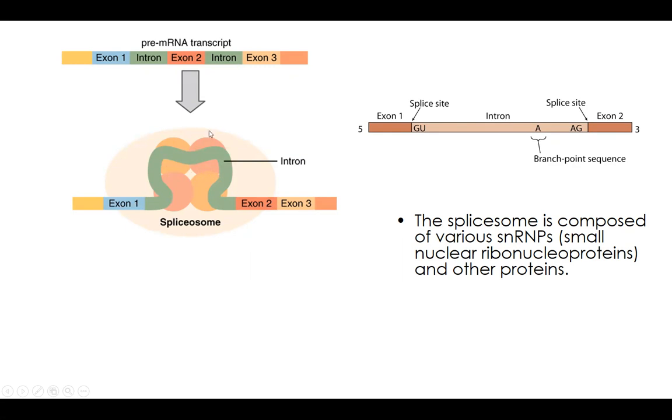They're not named, but that'll probably make it a little easier for now. The spliceosome is composed of various proteins called small nuclear ribonucleoproteins, small because they're small and in the nucleus. Ribonucleo is like RNA, so they are proteins that contain some RNA.